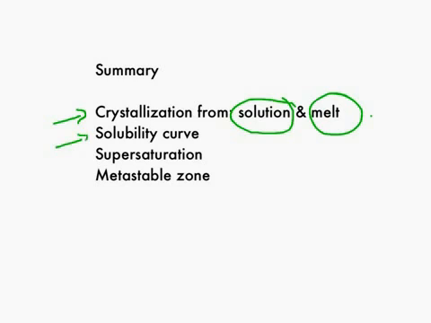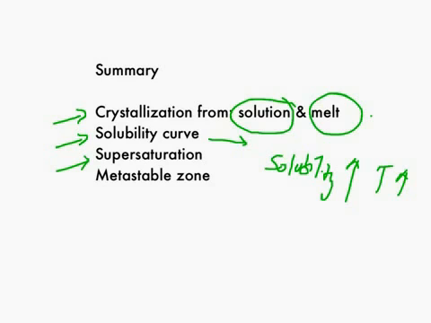We also learned about the solubility curve. We can plot the percent of solute against temperature, and determine the equilibrium solubility value of the solute at different temperatures. We have seen that solubility increases as we increase the temperature, and we have defined the meaning of supersaturation and the metastable zone.